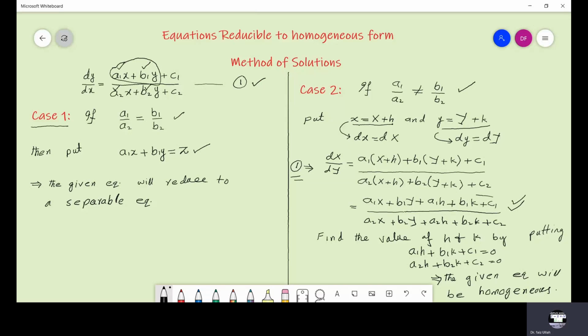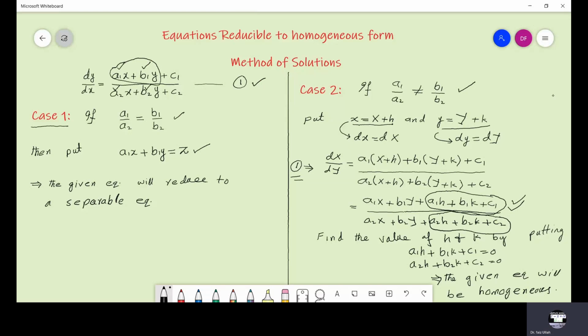Then we will put a1h plus b1k plus c1 equal to 0 and a2h plus b2k plus c2 equal to 0 to obtain the value of h and k.